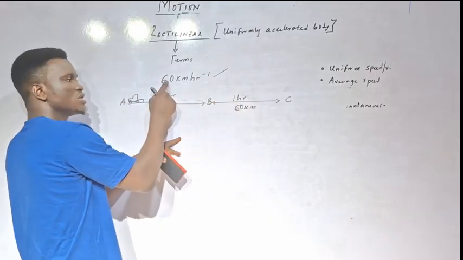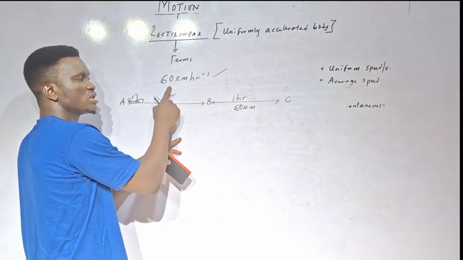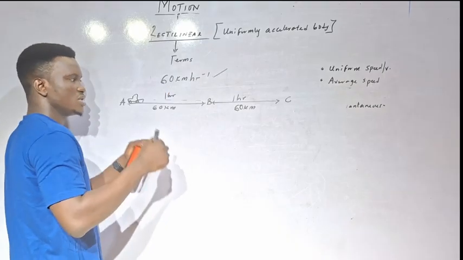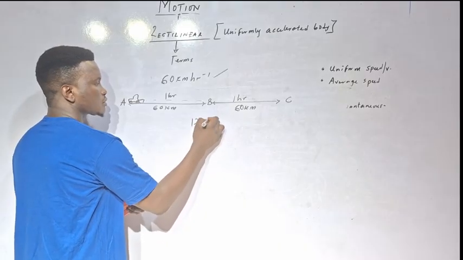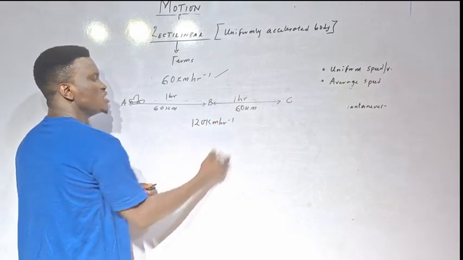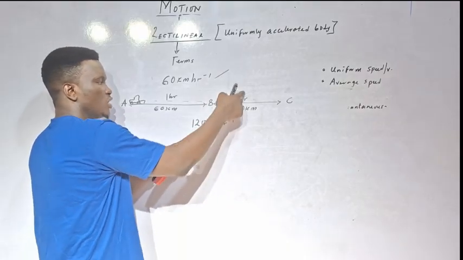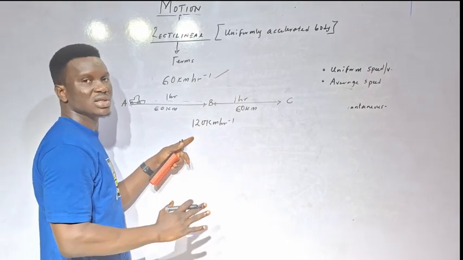But if it changes this speed, let's say it changes to 120 kilometers per hour, if you increase the speed to 120 kilometers per hour, that means that where it covers 60 kilometers in 1 hour, it will cover it in 30 minutes.